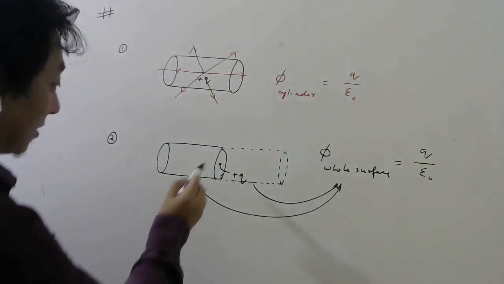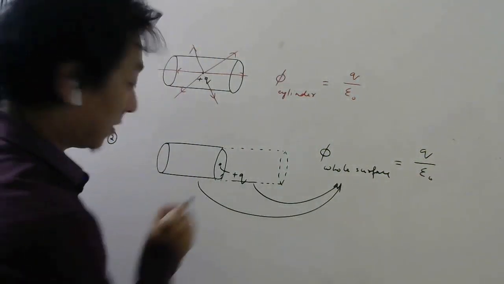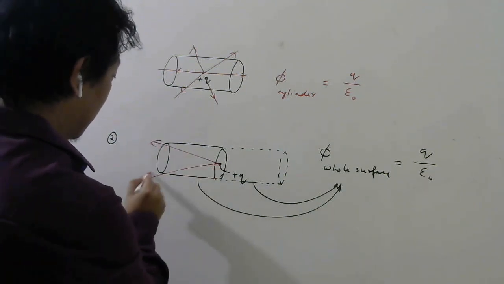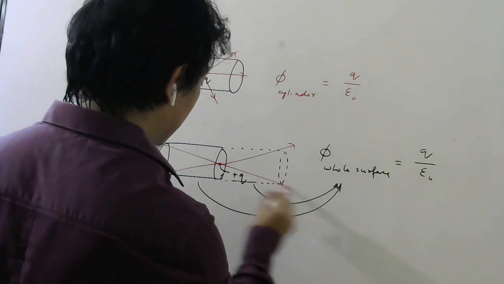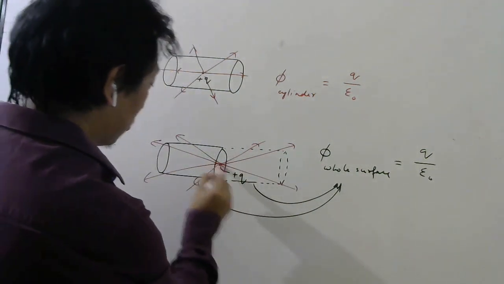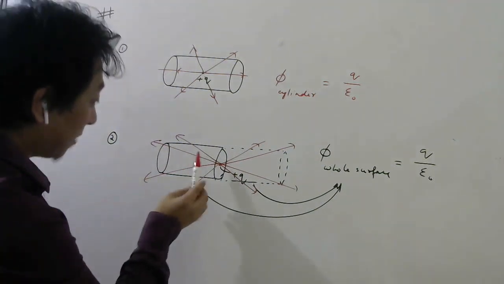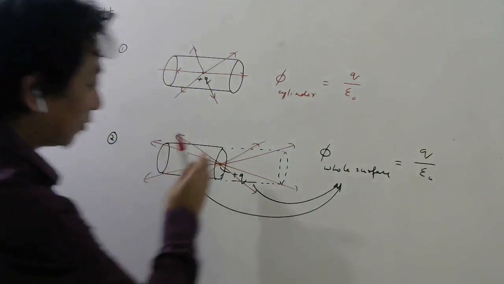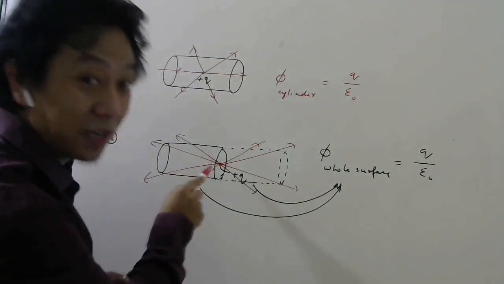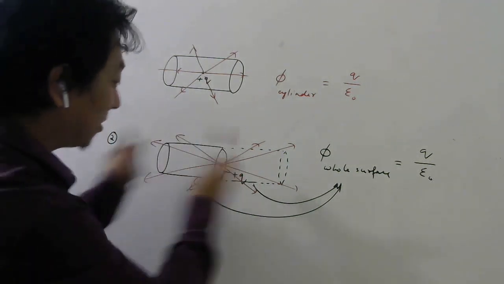Now, since this is in the middle, if I draw electric field lines like this, then I have to draw here also like this. If I draw one like this, I have to draw one like this. Meaning, as many lines will cut this surface, it will also cut that surface equally because this is in the middle of these two cylinders.